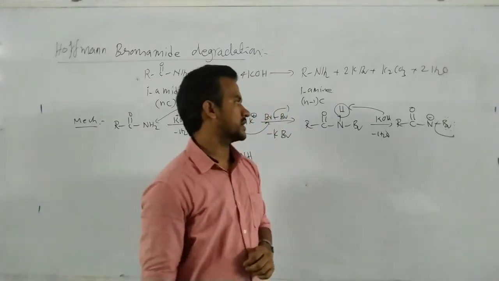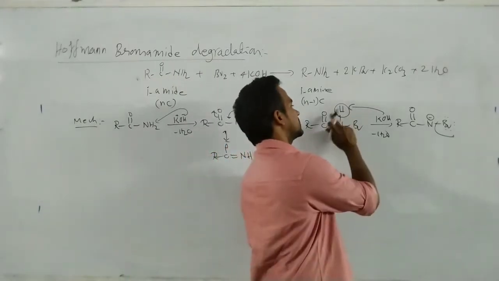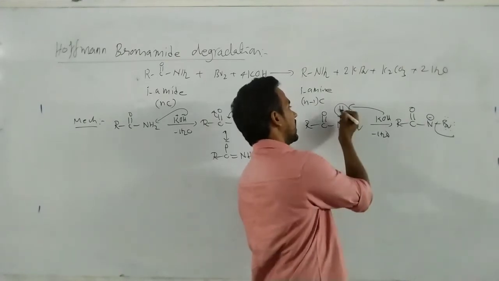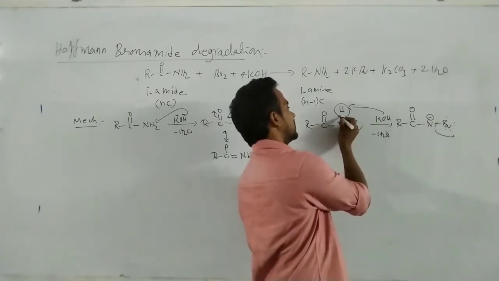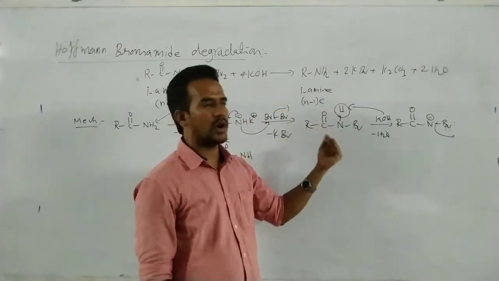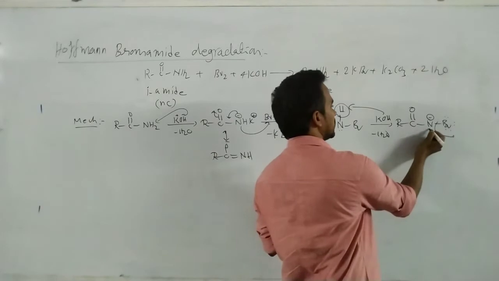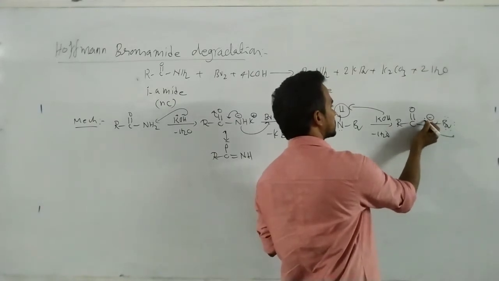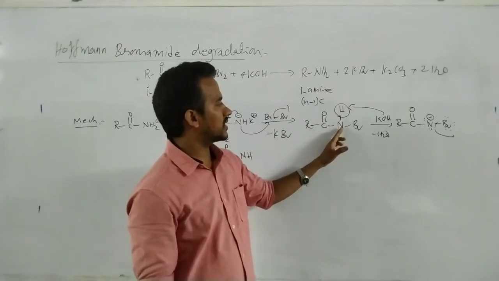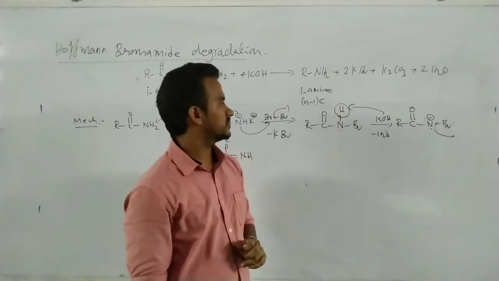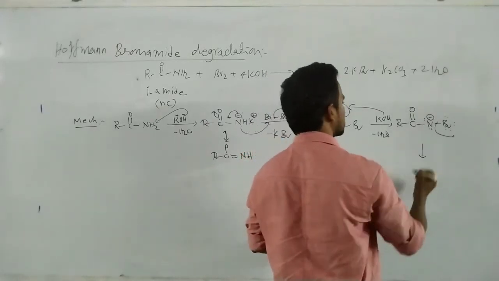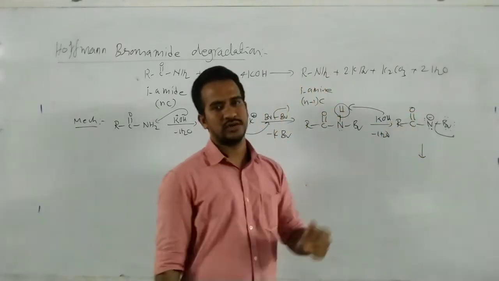Nitrogen already has a lone pair; by loss of H plus, it gains the bonding electrons, so it carries a negative charge. Now by loss of Br minus, this nitrogen becomes neutral.